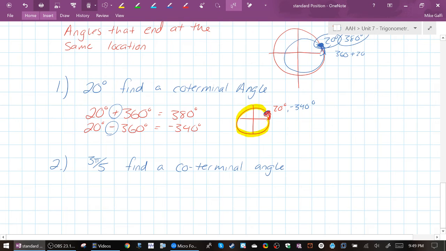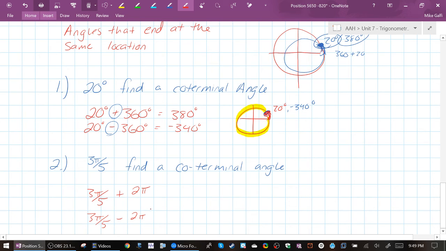Okay, so if I'm starting with 3 pi over 5, I could either add a full circle or I could subtract a full circle. But because I'm in radians, we have to remember that a full circle is not 360 degrees. Technically, a full circle is 2 pi.